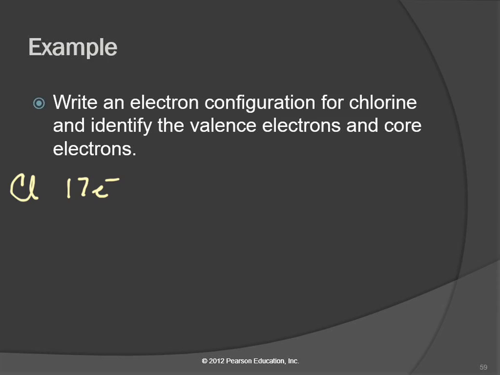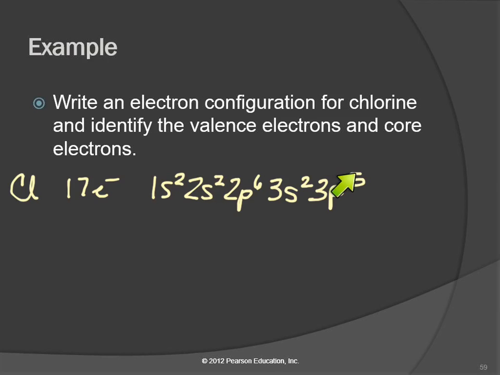So let's start. 1s2, 2s2, 2p6, 3s2, 3p. How many am I going to need in the 3p? 5. If I add these superscripts up, they need to add up to 17, and they do.